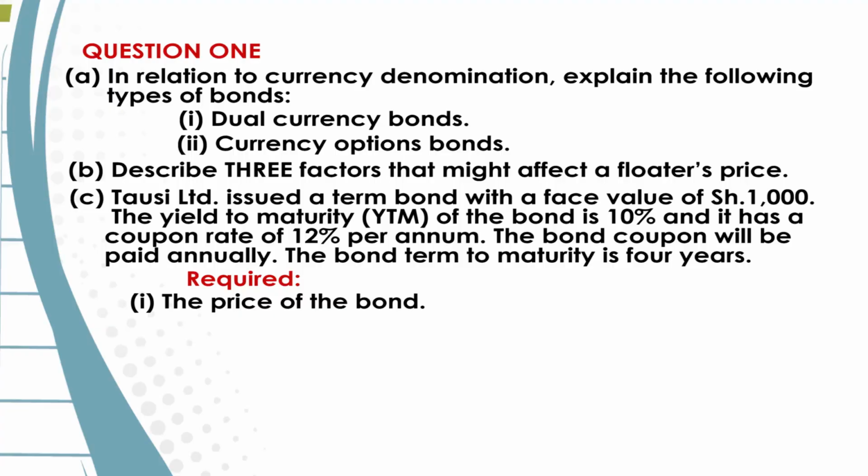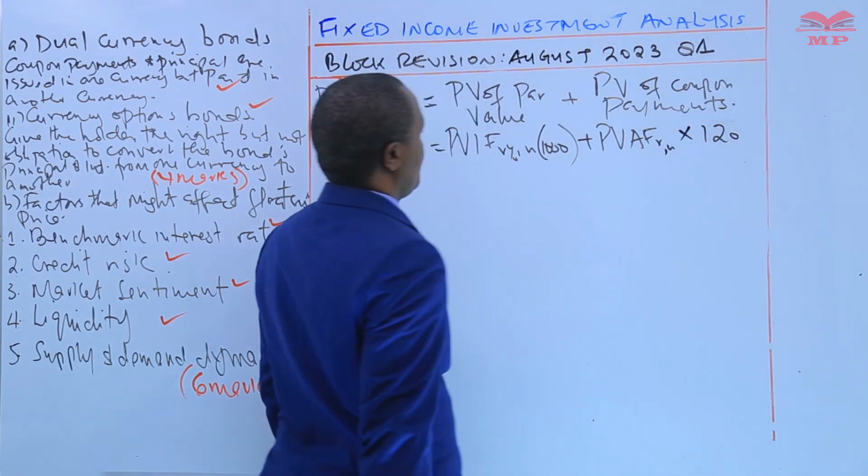Is it 120? Yes, 120. How did I get 120? I took the coupon rate of 12% times 1,000. 12% times 1,000 is equal to 120.